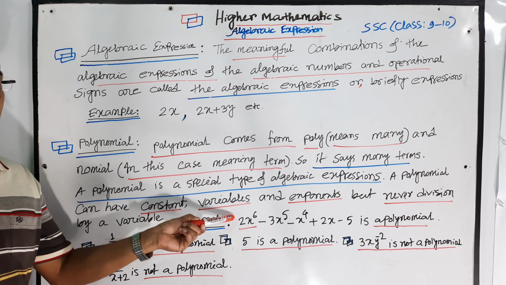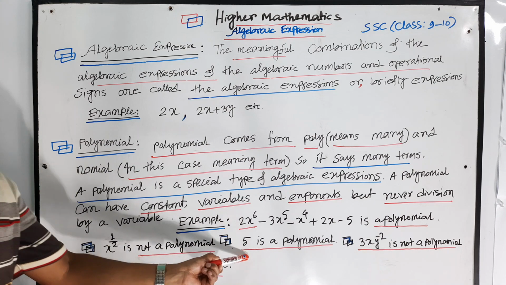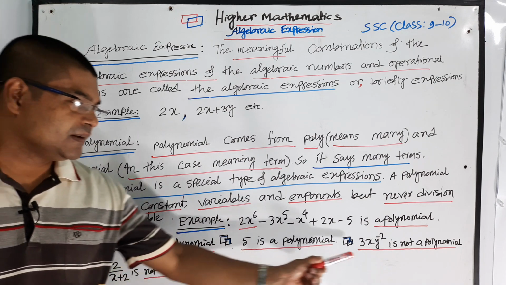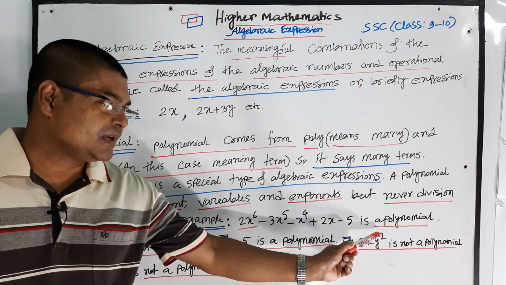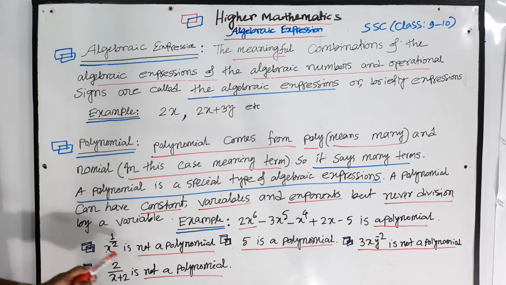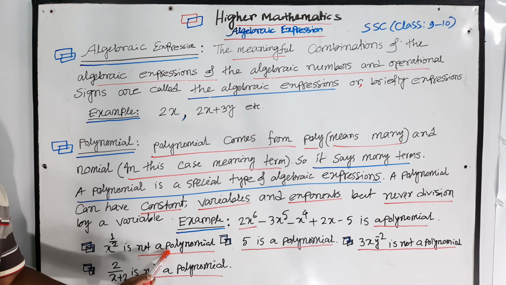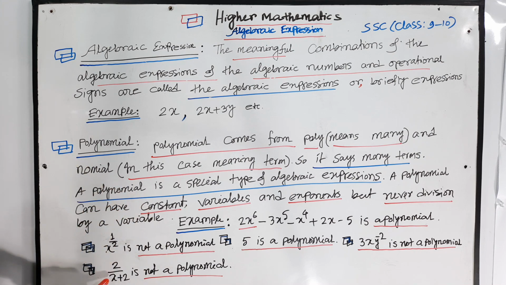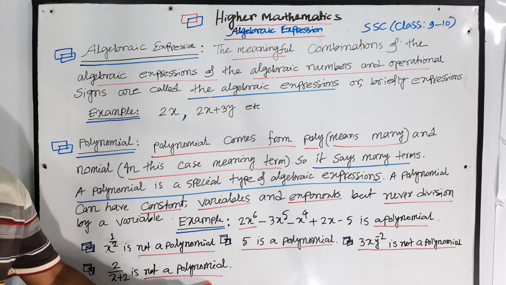This type of expression will be a polynomial, and 5 is also a polynomial. Here the power is minus, so it is not a polynomial. And x to the power half, because here the power is a fraction, is not a polynomial, and 2 divided by x plus 2 is not a polynomial.